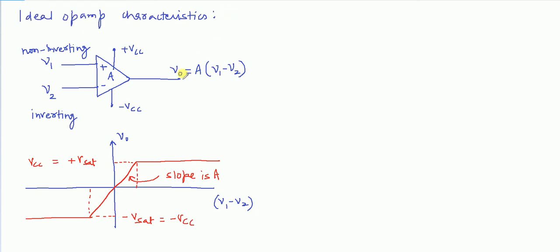Now we can draw the linear model for this OPAMP. As we know that this OPAMP is voltage controlled voltage source. So the linear model is input resistance, and the amplified voltage A V in, and the output resistance.